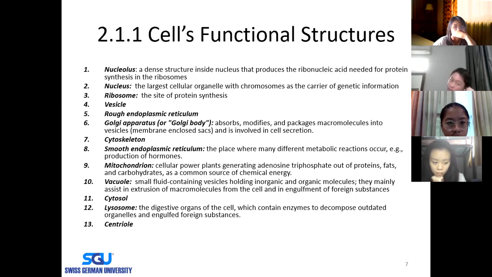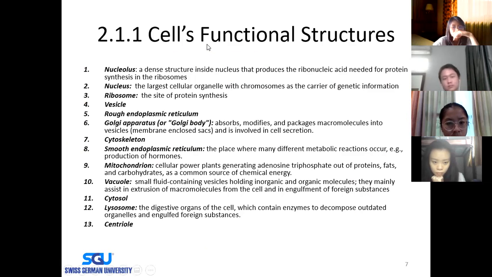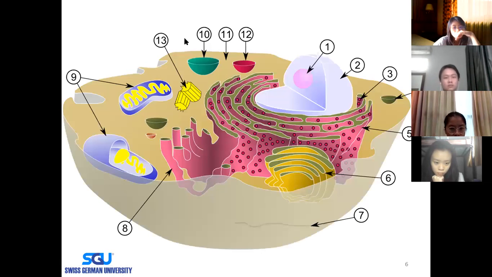Number ten is the vacuole. This is a kind of cavity, a small fluid-containing vesicle holding inorganic and organic molecules, mainly assisting in extrusion of macromolecules from the cell and in the engulfment of foreign substances. Then the cytosol.